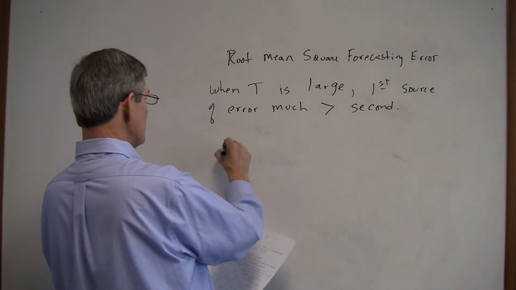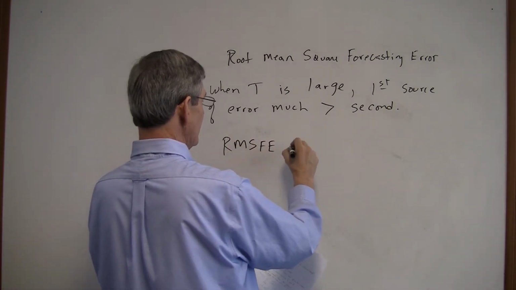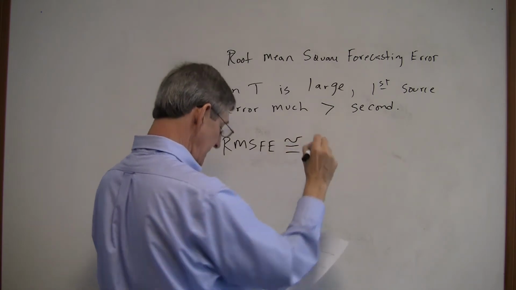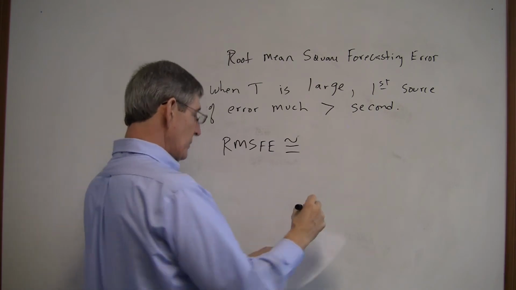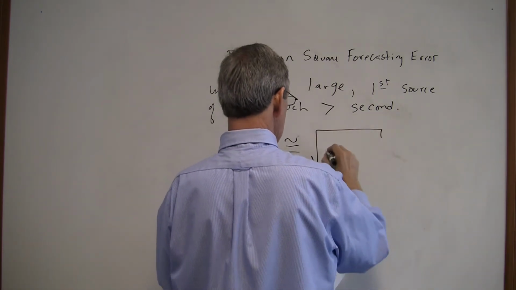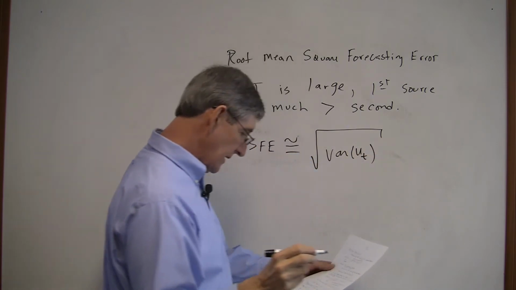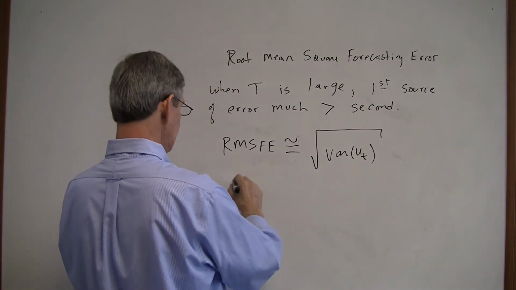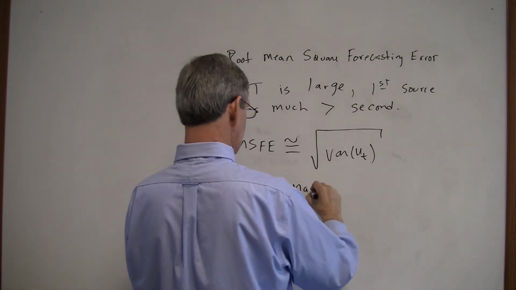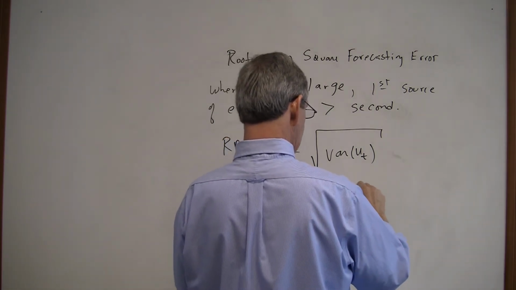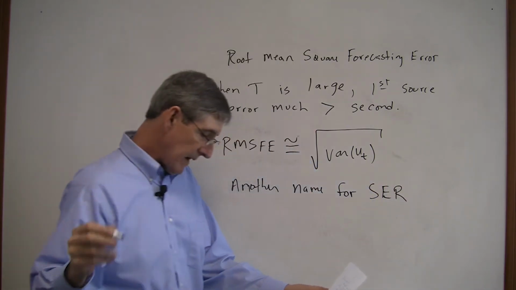In that case, the root mean square forecasting error is approximately equal to the square root of the variance of u_t. And that's just another name for the standard error of the regression that we've talked about all along.